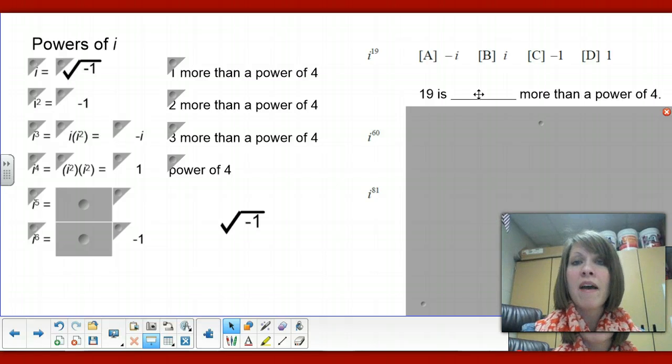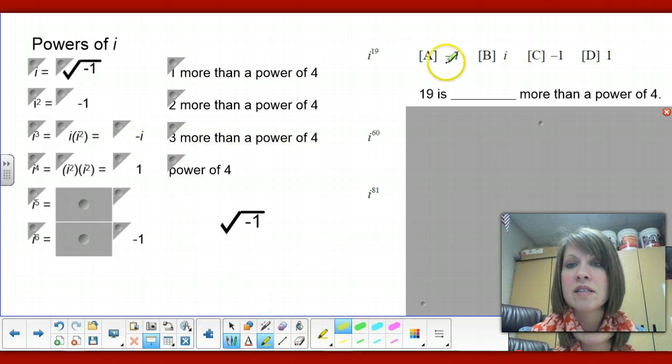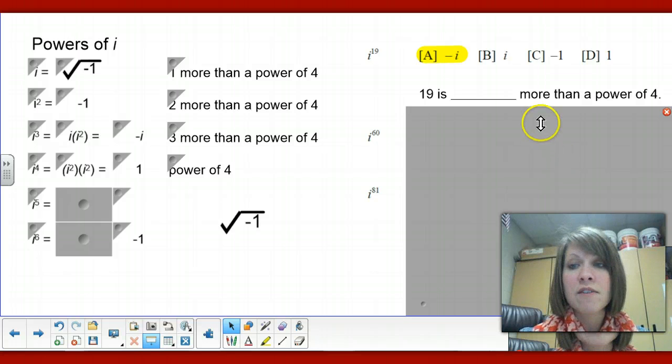So if we want to find the value of i to the 19th, we're going to go 3 more than a power of 4, which means that i to the 19th is equal to negative i. This all goes back to the fact that to have a complex number, we don't want any more than i to the 1st. And so we're going to use these powers of i to rewrite.